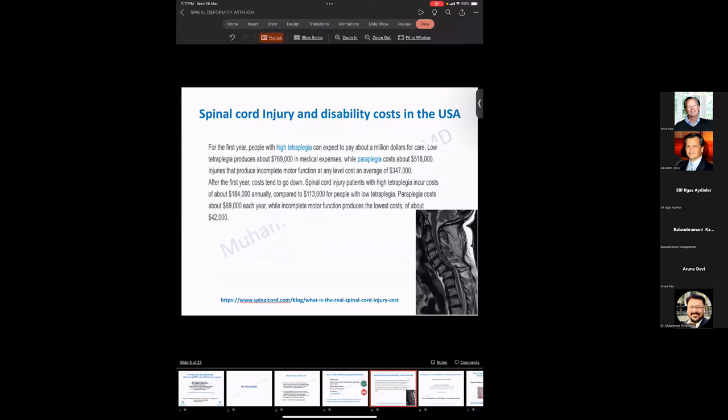In spinal cord injury, this is from spinalcord.com. In 2023, they report that for tetraplegia the first-year cost in the US was $769,000.